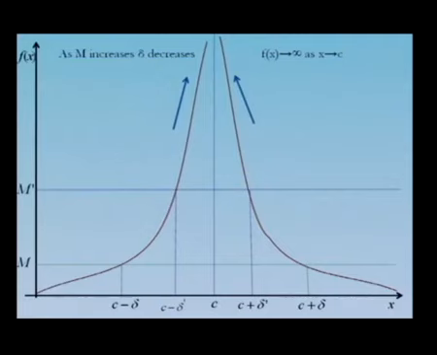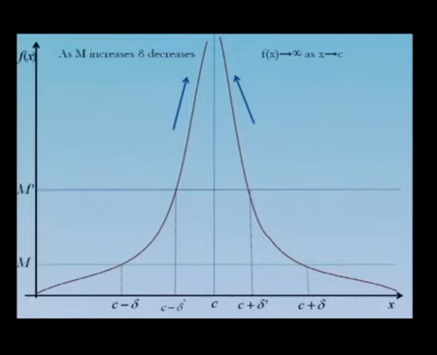Let's consider this figure. Here f(x) is tending to infinity as x tends to c. So let us choose first m, then corresponding to this m we get the interval c minus delta to c plus delta such that all the values of f(x) are greater than m for values of x lying between c minus delta and c plus delta.